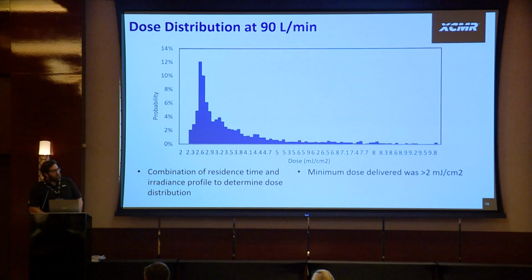For example, in disinfection for drinking water, we need 40 millijoules per centimeter squared. But for this, is there any required dose? We were really looking at 2 millijoules per centimeter squared, and that was based off of data from Chip and Carl's team, I believe.